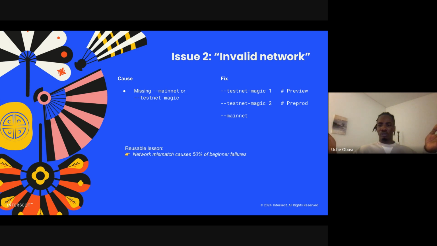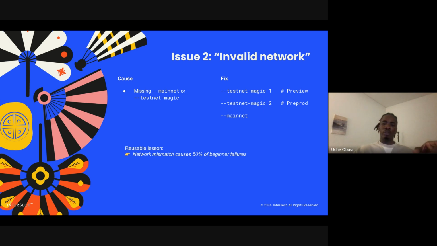The first step in debugging, like I said, is finding the root cause. In this case, you can check to know if the mainnet or testnet magic is missing. Check what network we are supposed to be running on.